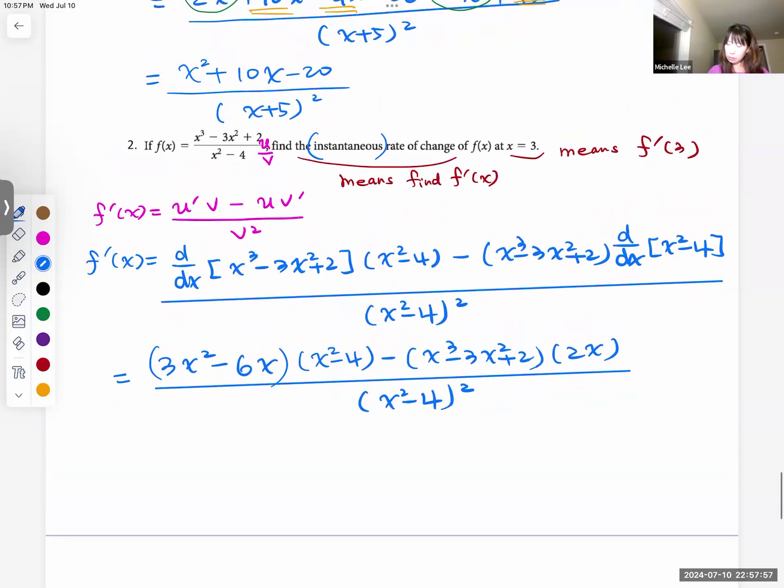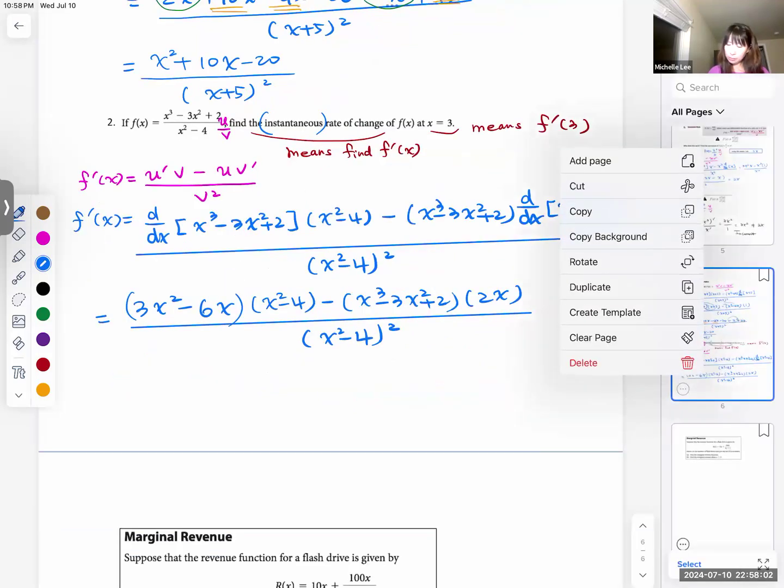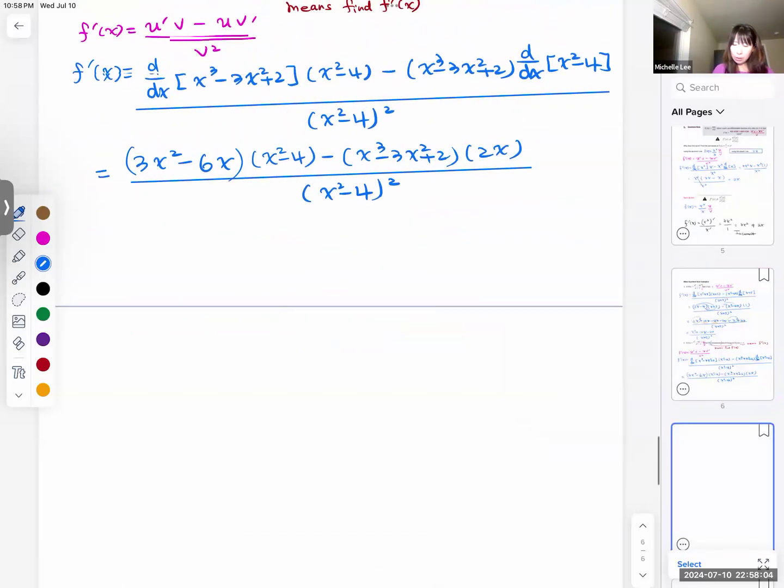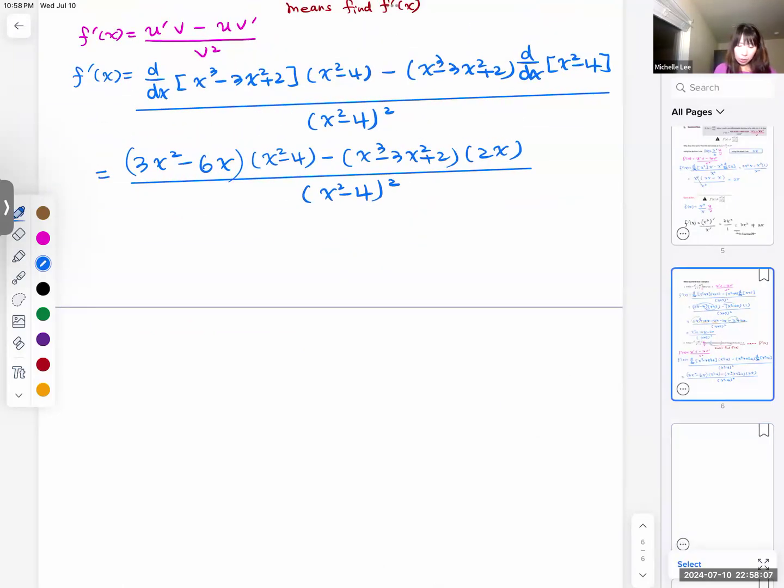Okay, let me find the space. Then we do distribute. So we have 3x to the fourth power minus 12x squared and 6x to the third power, positive 24. And be careful with the negative, and also we distribute. Crazy. So let's take a look.